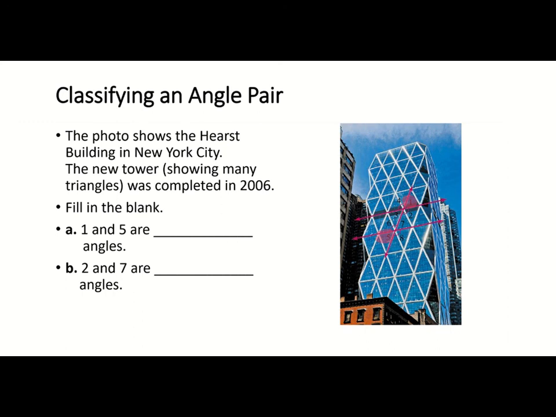What kind of angles are they? If we look, they're outside my parallel lines, and they alternate the transversal. So that means that they are alternate, not interior, but exterior angles, because they are outside the transversal.